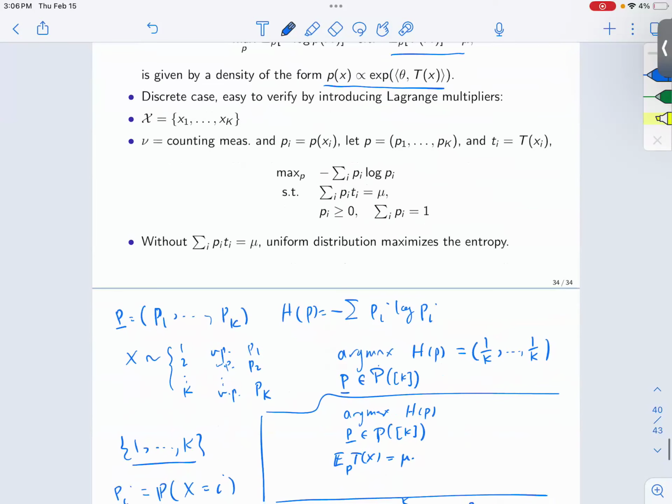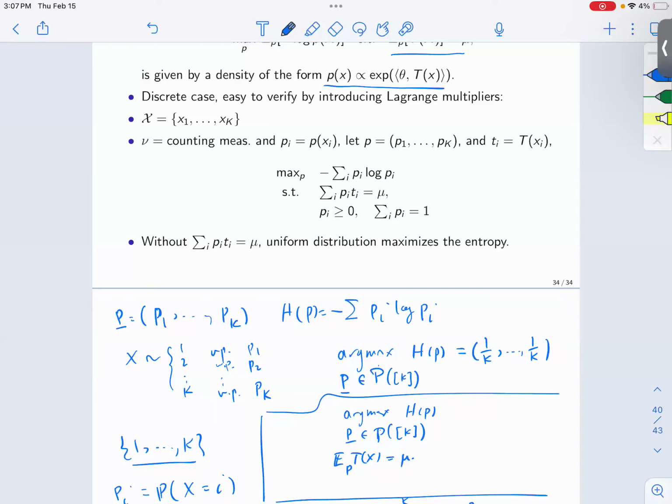Yeah, the issue with defining it is this. You have to assume things about densities, and this would be like integral density. But in any case, this is good enough, I think, for our purpose. So exponential families achieve maximum entropy under the additional moment condition.